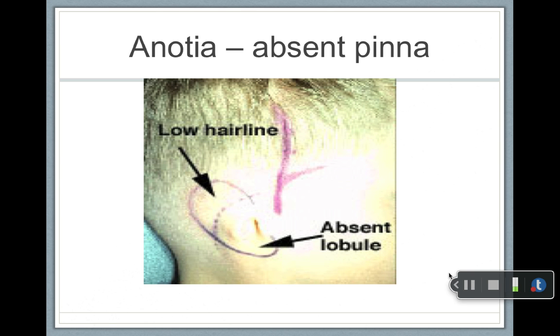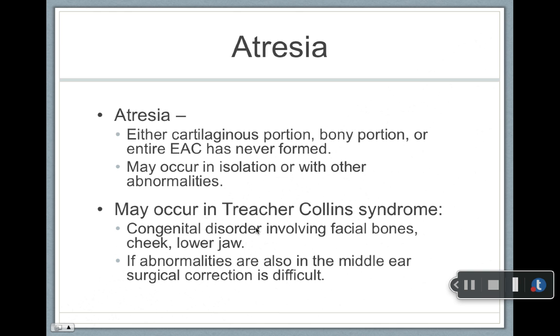Here is anotia. There is no pinna. So this child was born with no pinna. There's just, you see, an opening to the ear canal. There's also atresia, where either the cartilaginous portion or the bony portion of the ear canal never formed.